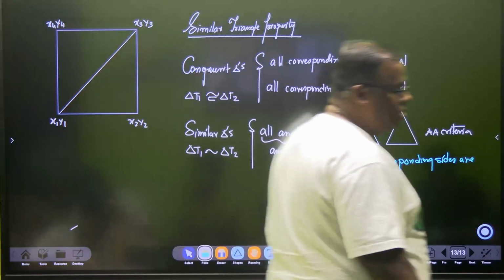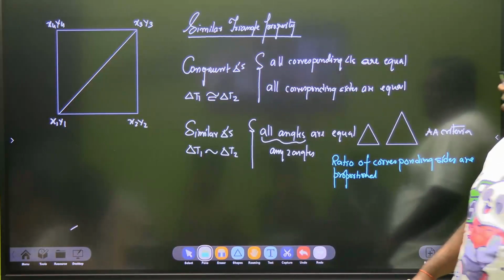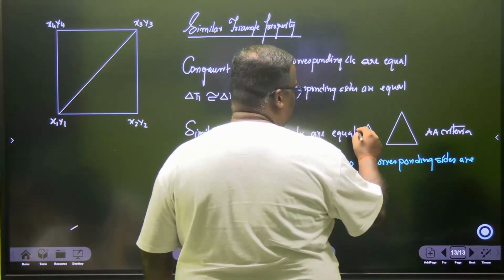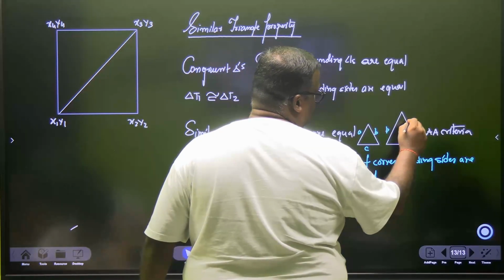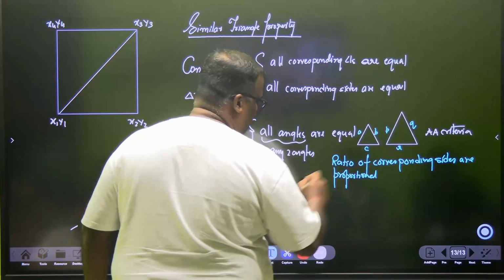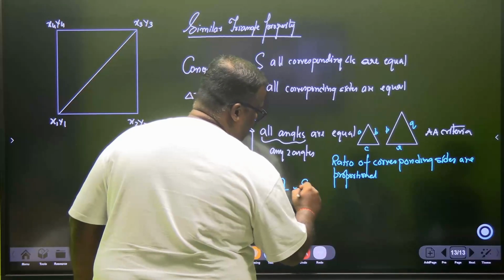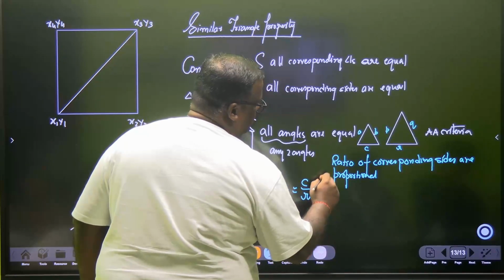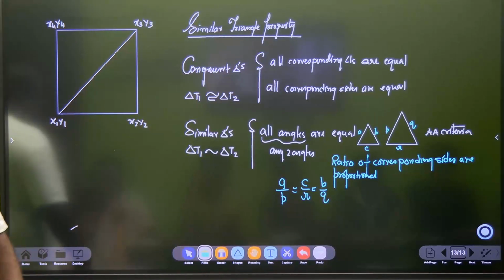Whenever two ratios are equal, we say the ratios are proportional. If I write the sides as ABC and PQR, then corresponding A upon P should be equal to C upon R should be equal to B upon Q. Then only they will be called similar triangles.